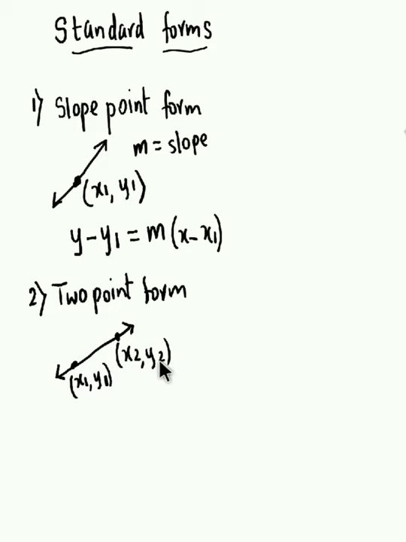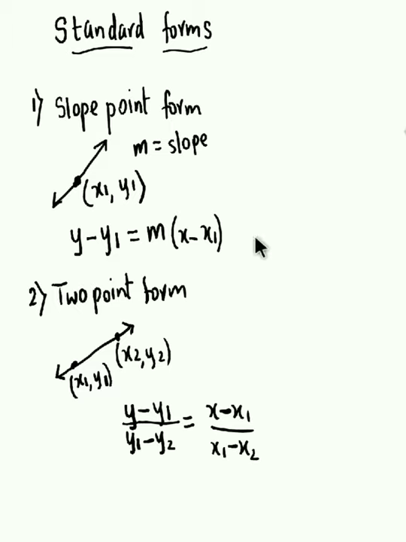So if we know these 2 points, or rather any 2 points, the equation of the line can be obtained as y minus y1 upon y1 minus y2 is equal to x minus x1 divided by x1 minus x2. So this is called the 2-point form.